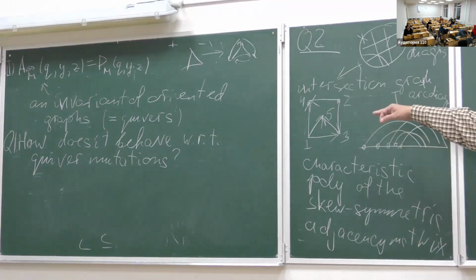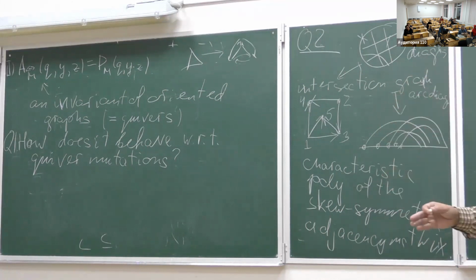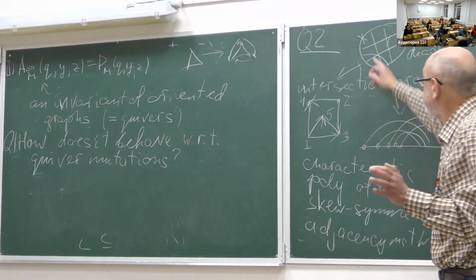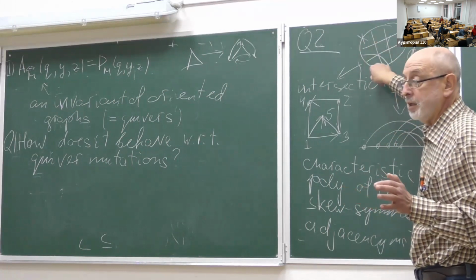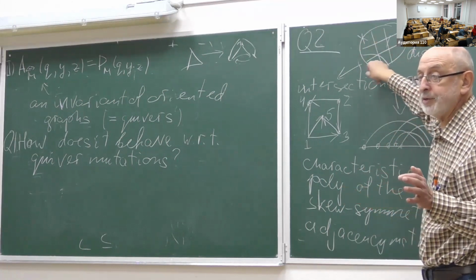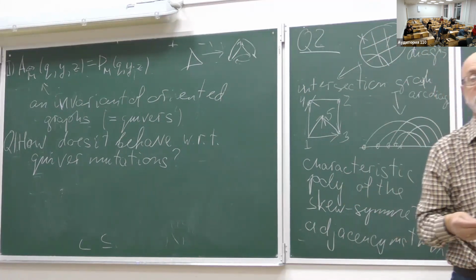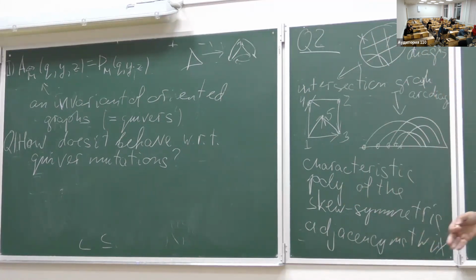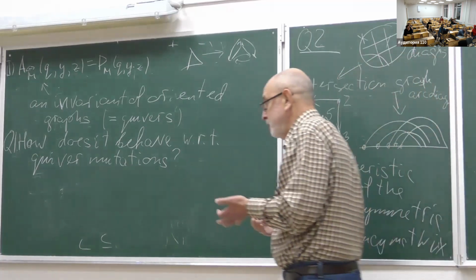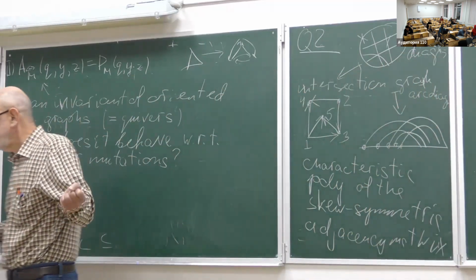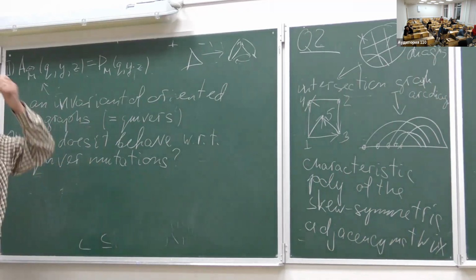However, if we orient this graph in this way, not an arbitrary orientation, only orientations that can be obtained by choosing the corresponding cut point, then the characteristic polynomial of the skew-symmetric adjacency matrix becomes a very nice Vassiliev invariant.